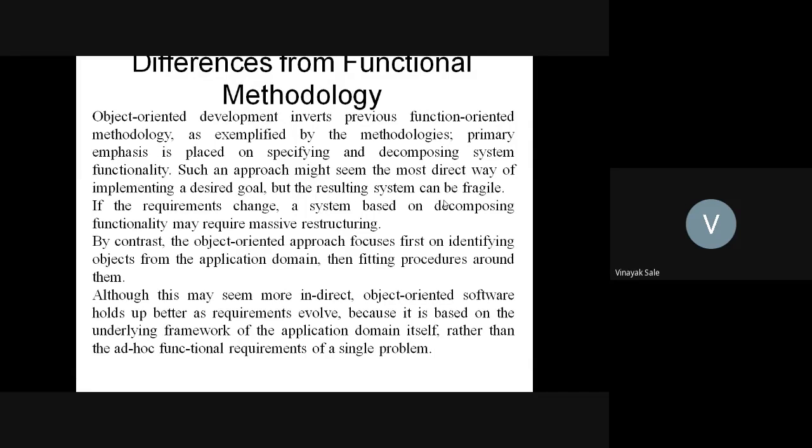Such an approach might seem the most direct way of implementing a desired goal, but the resulting system can be fragile if the requirements change. The system-based decomposing functionality may require massive restructuring. By contrast, the object-oriented approach focuses first on identifying objects from the application domain, then fitting procedures around them.